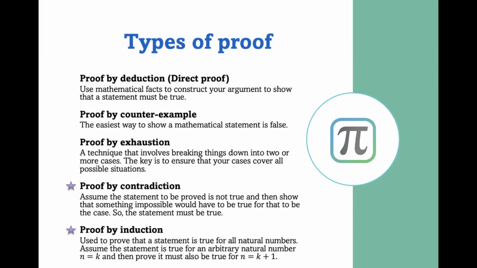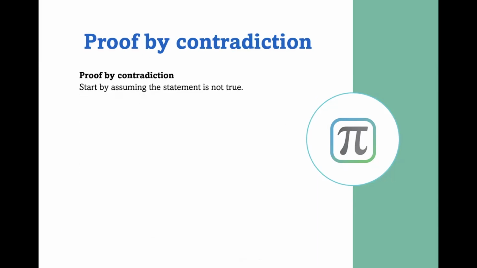If you remember from part 1, I started out by outlining the most common types of mathematical proof, and then went through some examples on proof by deduction, proof by counterexample, and proof by exhaustion. Today, I want to talk about proof by contradiction and proof by induction, because these methods are a little bit more advanced. So starting with proof by contradiction.